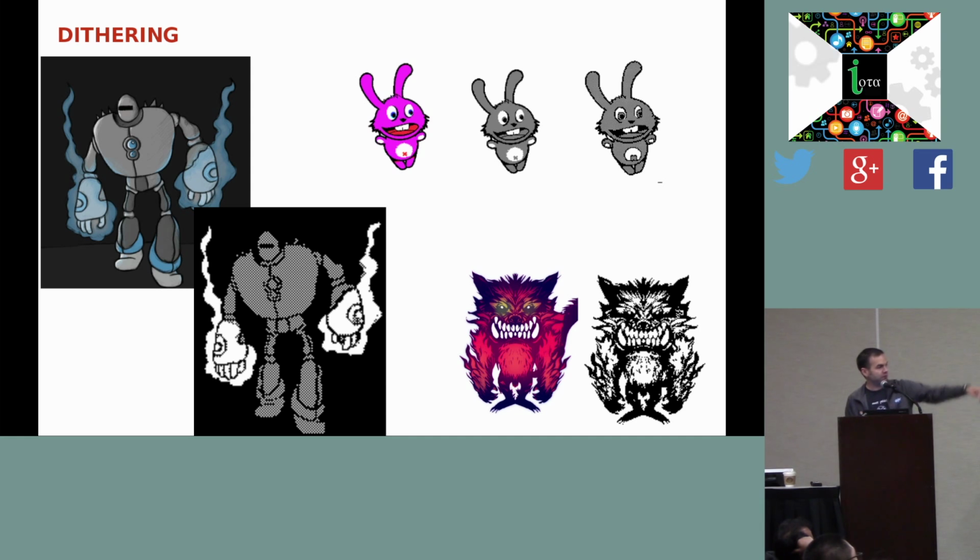The demon wolf on the bottom right isn't dithered, it's just a very high contrast image. I just really like how that one turned out. And then, as you can see there, the bunny was from a tutorial I ran where we take him from color to grayscale to dithered. So you can see the trend, the change of the image there.